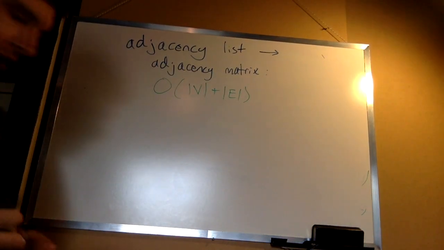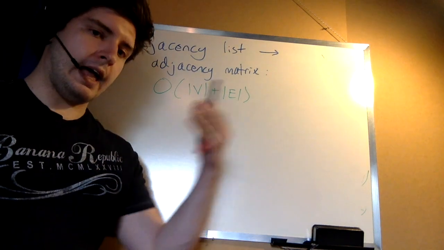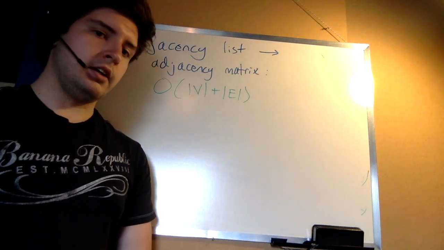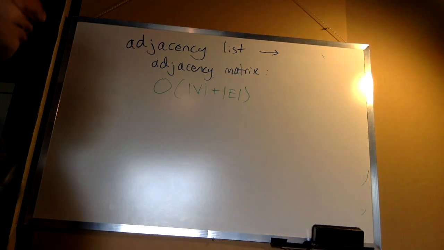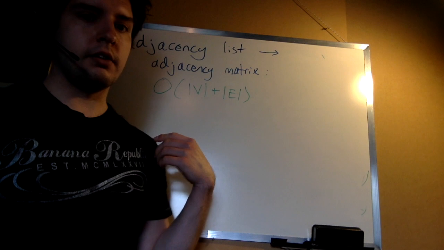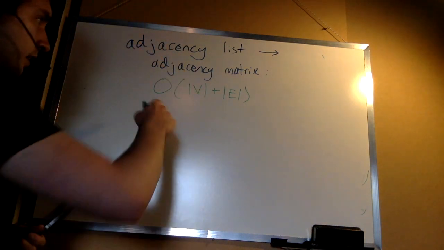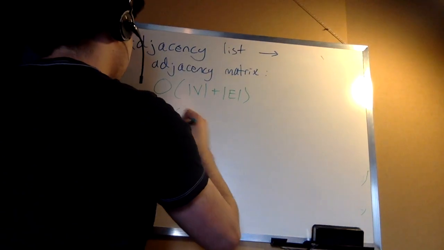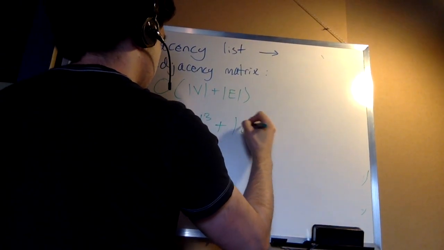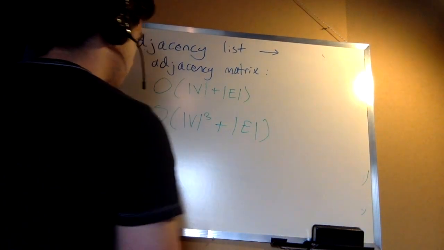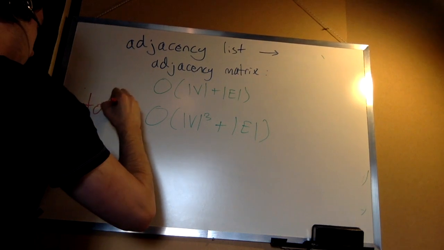It's because we have to loop through every vertex and every edge and then write that edge or add one to the matrix for that. Whereas the converse is O of V squared. So anyways, the total complexity given this would actually be O of V cubed plus E, right?